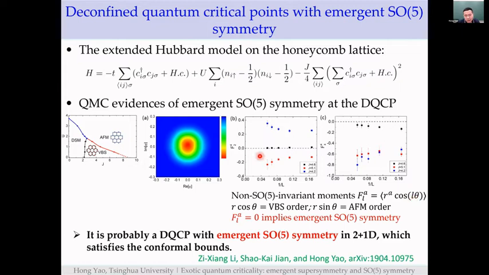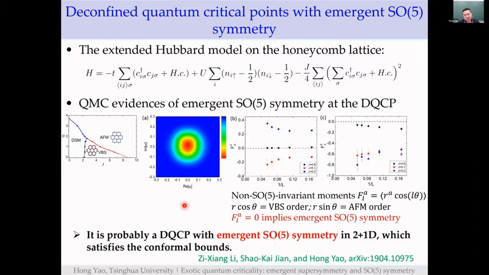Indeed, if we compute such an expectation value, we fix U and change J. When J is around the quantum critical point, 4.6, the black dot, this moment is very close to 0, which indicates that there's some symmetry between the VBS order and the antiparallel order, in the sense that we can rotate the VBS order to the antiparallel order at the quantum phase transition.